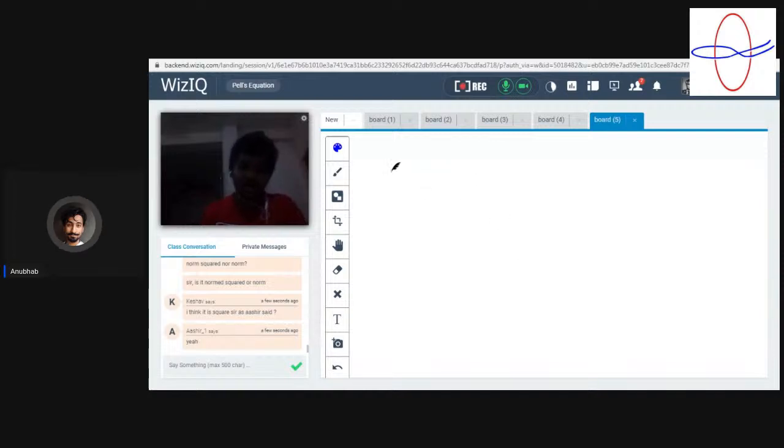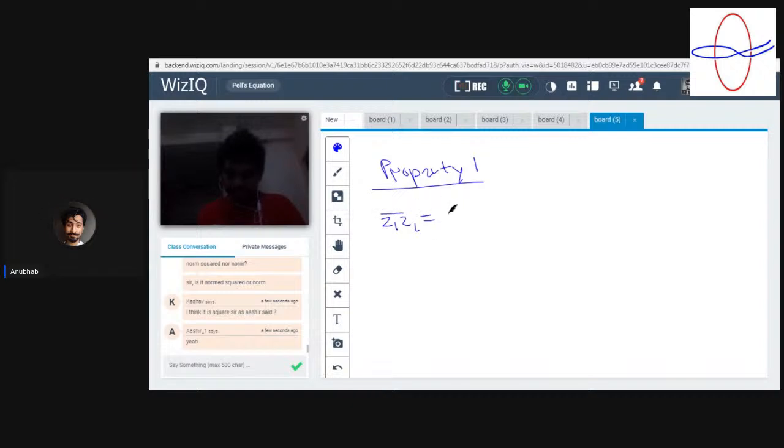Now, one really trivial property, trivial to prove but very useful, is this: the conjugate of z1 z2 is z1 conjugate times z2 conjugate.